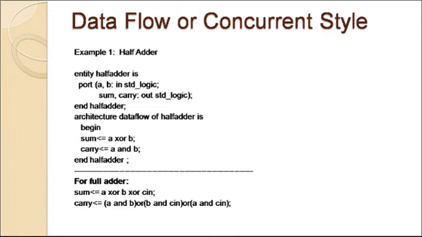Next is an architecture. Here the architecture is data flow of half adder is. If you see, I have given the name data flow to the architecture. I can write architecture concurrent of half adder is, or I can write architecture XYZ of half adder is, because whether it is data flow or concurrent or XYZ, it is an identifier or a name given by the programmer to the architecture.